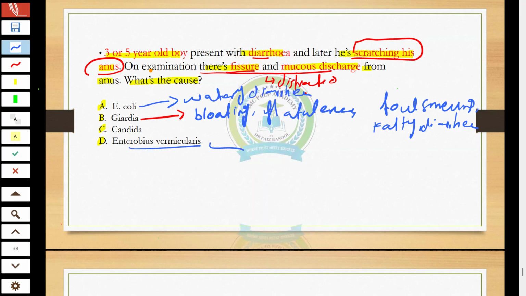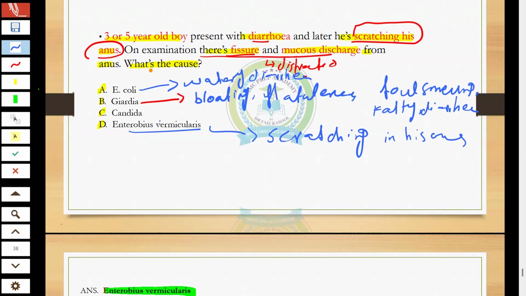And in enterobius, you will find there is scratching in the anus as well. So you will go through this. These are the differential points for how you can make the diagnosis. And candidiasis has a different clinical picture.